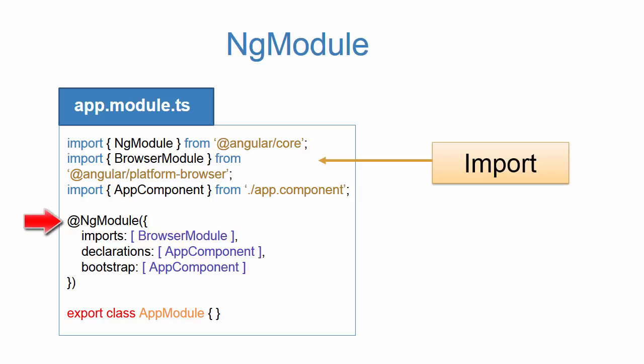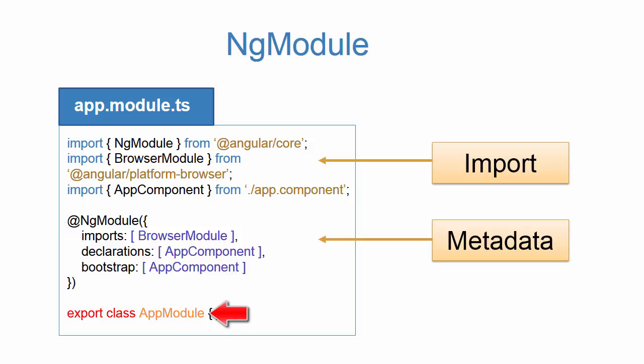Below that, we see our first use of the TypeScript decorator. Decorators are functions that add extra metadata to the class below. They always begin with an @ symbol and then the name of the decorator. In this case, our decorator is named NgModule, and it will provide information to the class below, which is named AppModule.